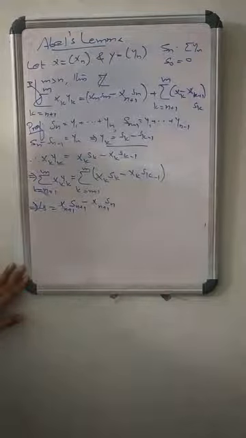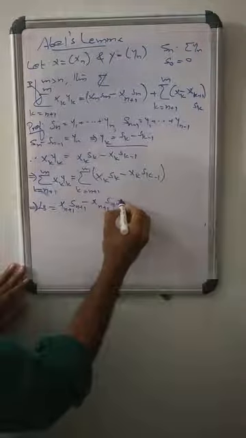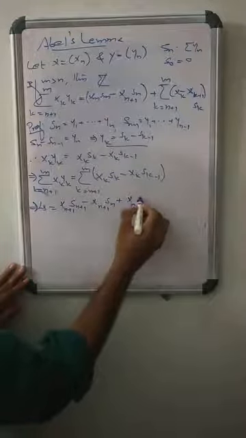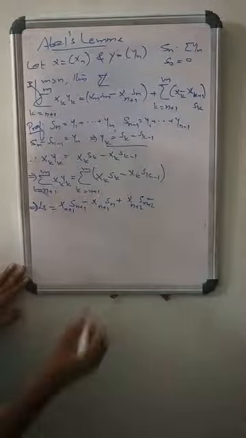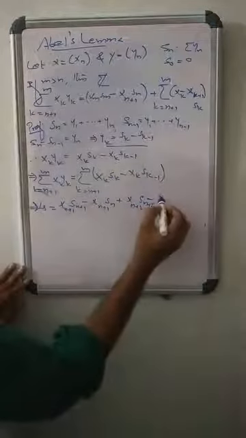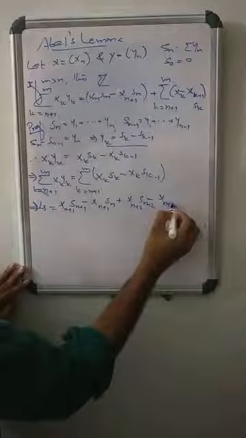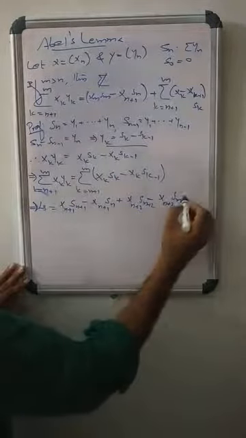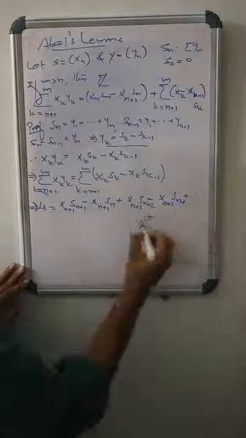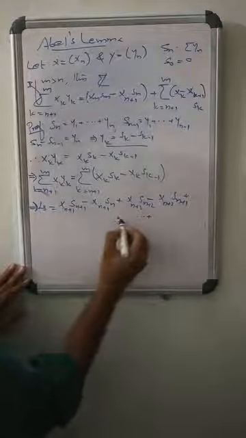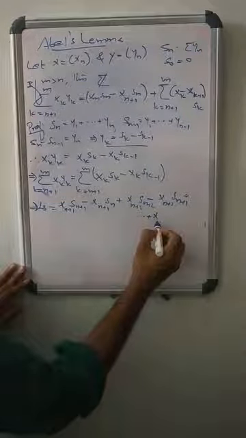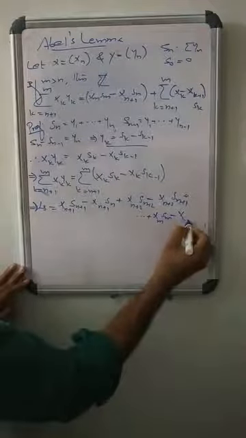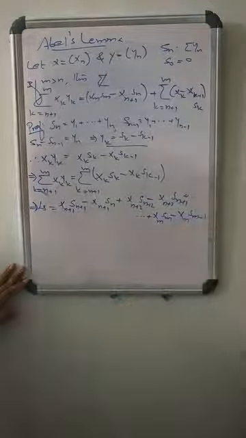For the second term, k equals n plus 2, it is xn plus 2 sn plus 2 minus xn plus 2 sn plus 1, plus etc. plus, when k equals m, it is xm sm minus xm sm minus 1. Clear?